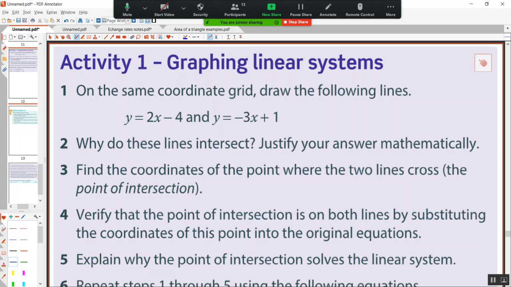What does that mean? So the coordinate we got, what was it? 1 and -2. So what does that mean? Okay, but what does it mean about the 2 equations?